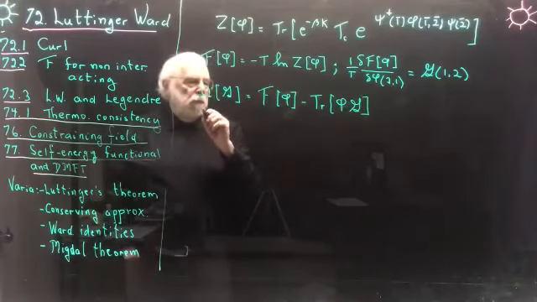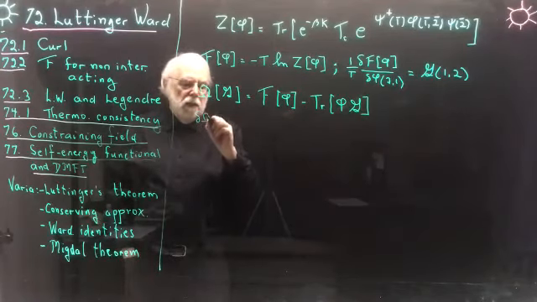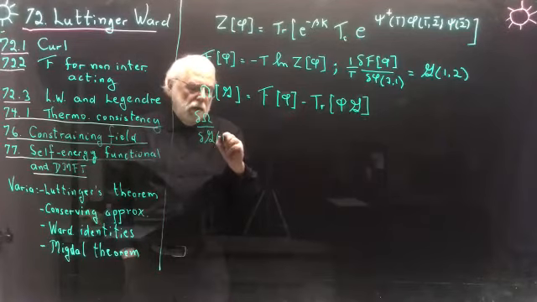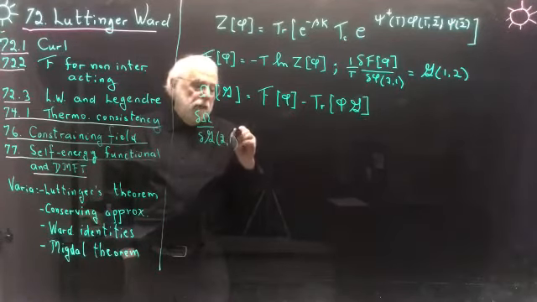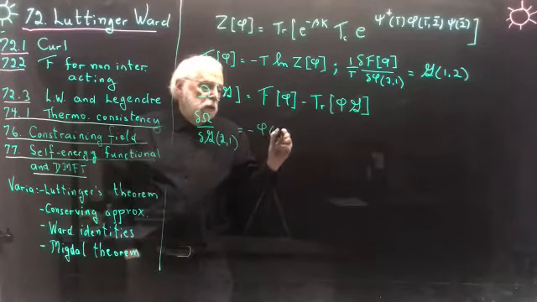So we will have that delta omega over delta G 2, 1 will be equal to minus phi 1, 2.